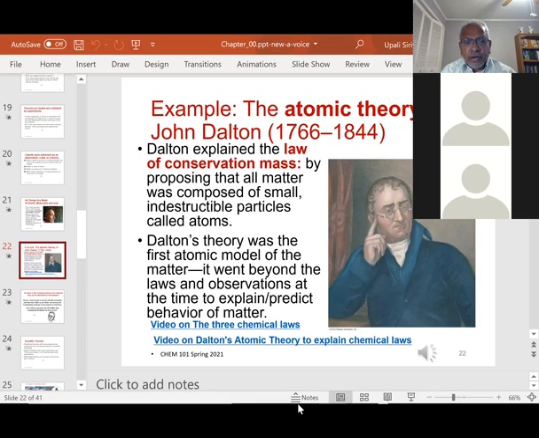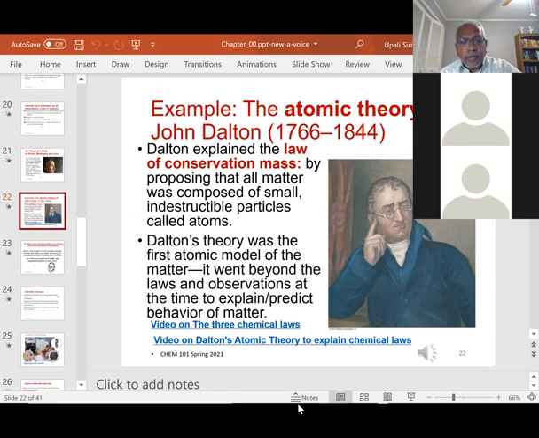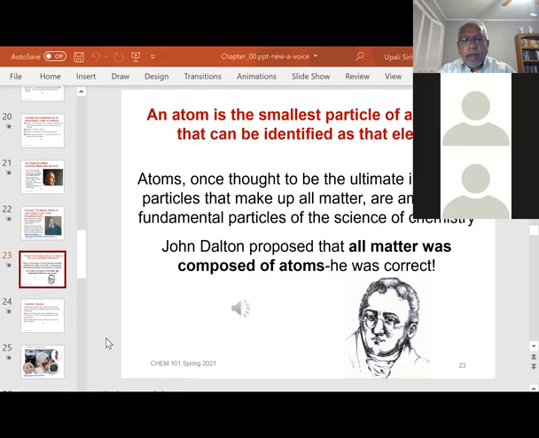It went beyond the laws and observations at the time to predict the behavior of matter, so it is a groundbreaking step. He came up with the idea to explain the 3 chemical laws.